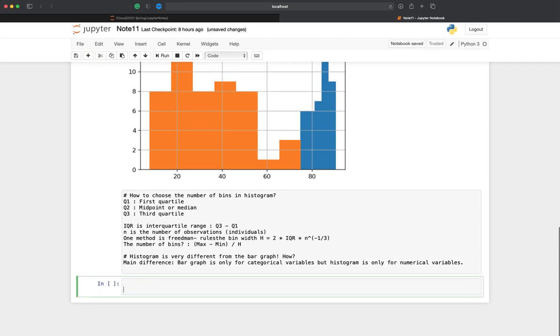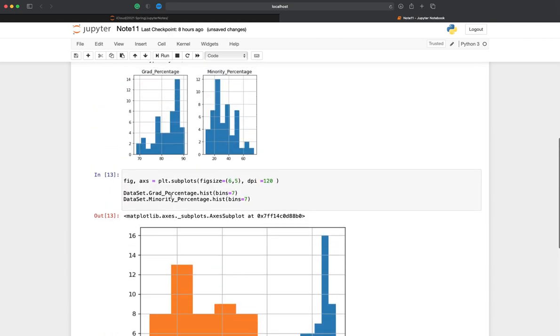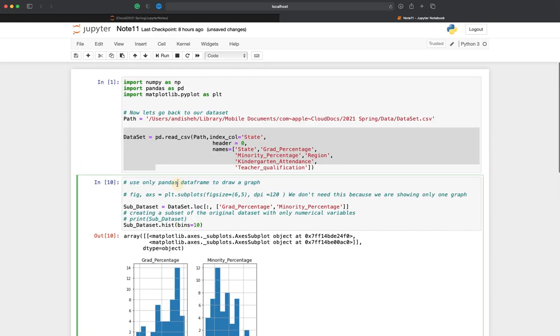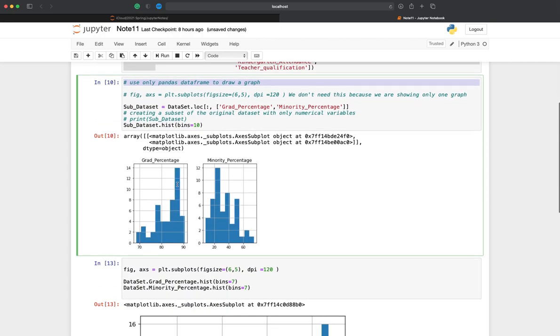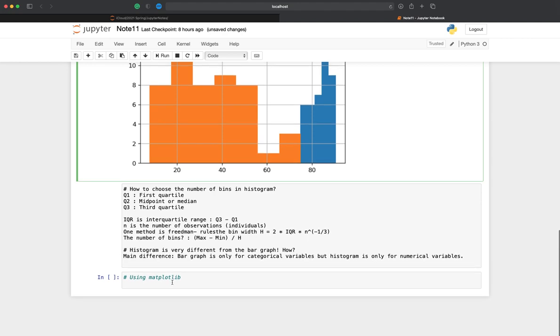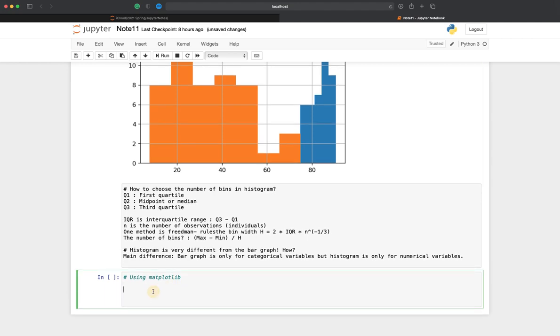So let's see how we can draw another histogram using the same data set, using matplotlib. If you remember, I said this method only uses pandas, right? Let's see what's the difference between a histogram in pandas and a histogram in matplotlib.